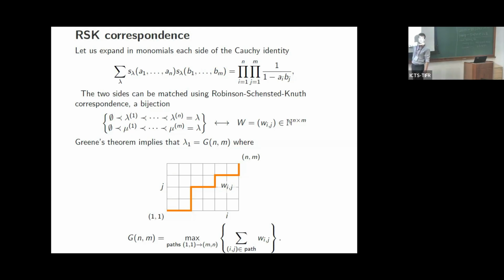So on the vertex ij of my grid, I put my entry W_ij, and then I look at paths in the grid going from coordinate (1,1) to coordinate (n,m). I look at paths which are progressing to the right and up, so up-right paths. And for each path, I will consider the sum of the W_ij's along the path. And I take the maximum over all possible paths of the sums. So I define G(n,m) as the maximum over all paths of the sum of the W_ij's along the path. This is generally called the last passage time.